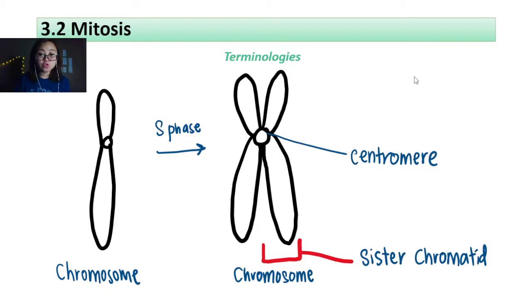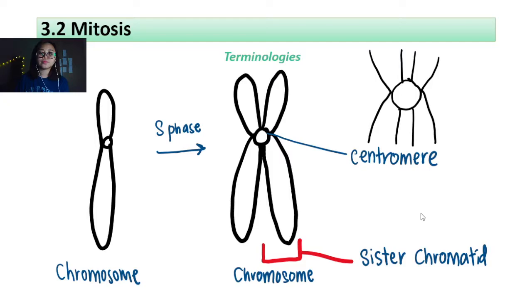Let's zoom in on the centromere. Let's have a zoomed in image of the centromere. On the centromere, if you go in really closely, you can see that it has protein molecules attached to it. These proteins are called kinetochores.